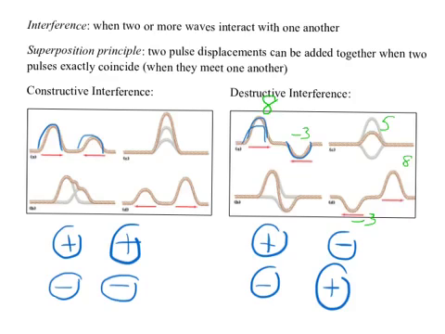When they meet, they interfere, but going afterward they're the same. Wait, but then do they switch the signs when one becomes negative? Nope. Nothing changes. They just pass through each other. But for that instant in time, when they pass through each other, they combine to become 5. And then they continue passing through each other. This 8 that was over here passes through the 3, and this 3 continues left, the 8 continues right.